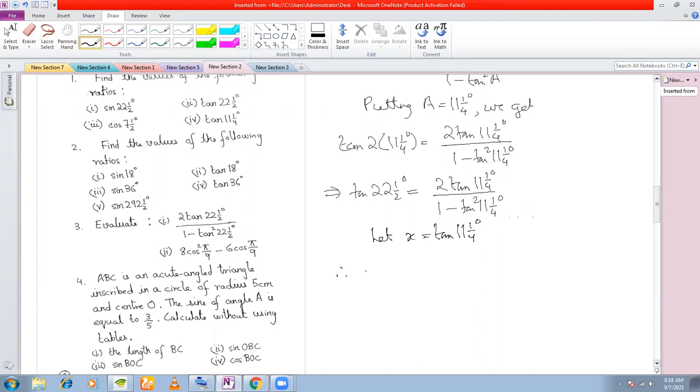So tan 22 and a half, we have found out earlier to be root 2 minus 1. Okay, this is what we are getting. Now what you do is you express this as a quadratic, so you cross multiply.